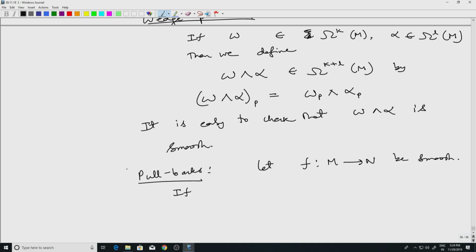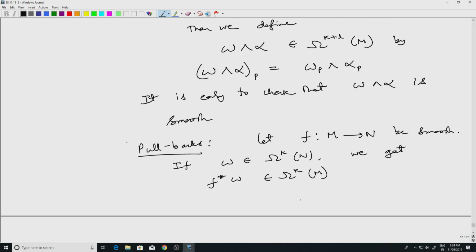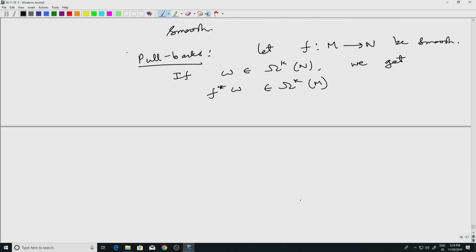If omega belongs to Omega^K of N, we get F star omega in Omega^K of M. And again, what one is doing is using the derivative to pull it back from here to here. Now at this point there is one small subtlety, which is the smoothness of F star omega.